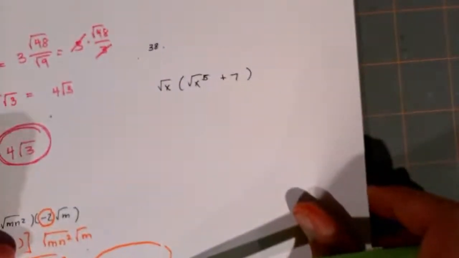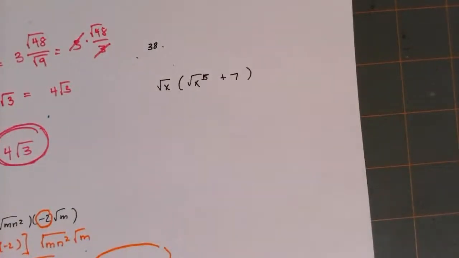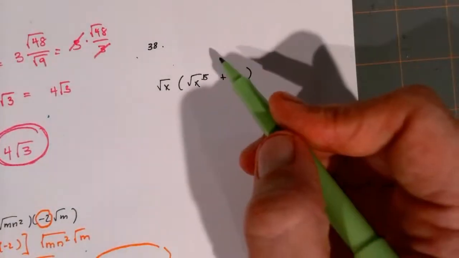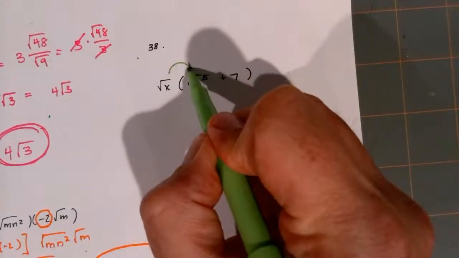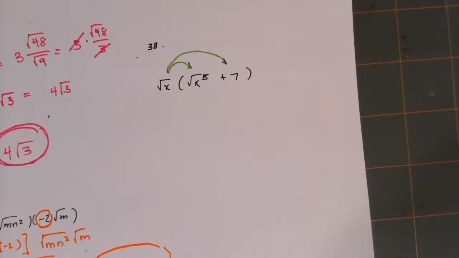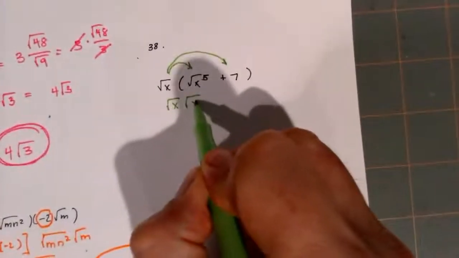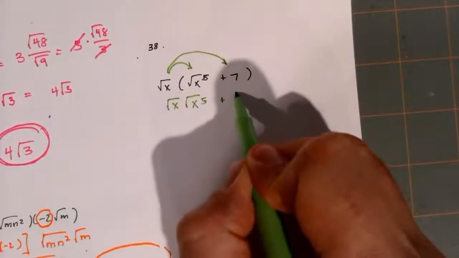So again, it's possible that you have to distribute. This is number 38 on the homework. So maybe 39. You'll have to do this. So again, all I'm going to do is share this root x with everything on the inside. So I get root x to the 5th plus root x times 7.